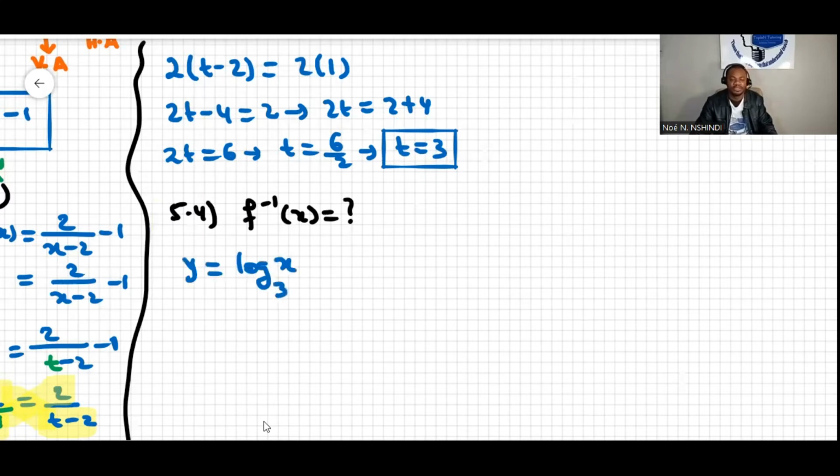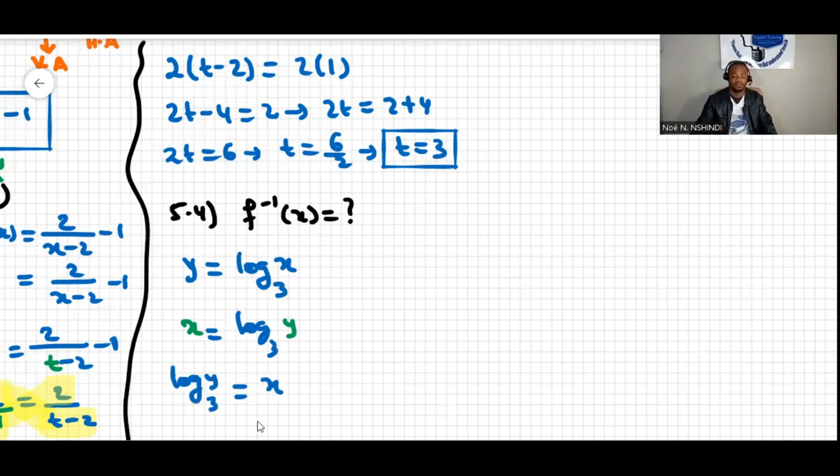Now, how do we work out the inverse? We switch the values. We call y x, and then x we call y. So this is going to be x equal to log of y base 3. Now, if I reverse that order, it's going to be log of y base 3 equal to x.